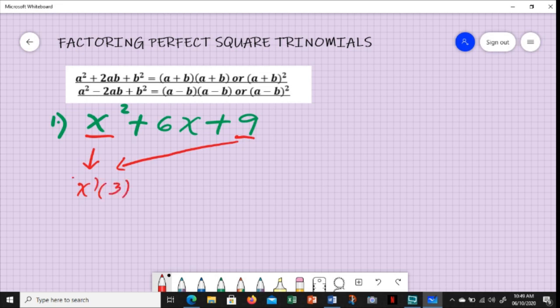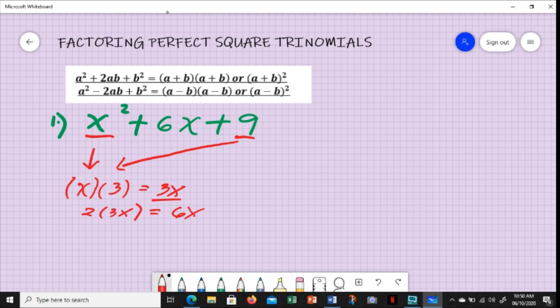Then we need to multiply the square roots that we got. So x times 3 is equal to 3x, but we are not yet done because we need to multiply this by 2. So it's like 2 times 3x, which is equal to 6x.